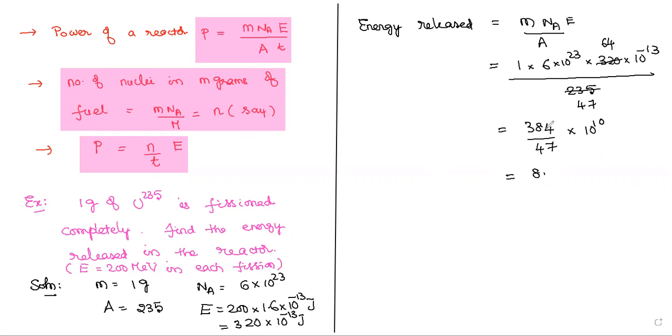If you use a calculator, you will get 8.17 into 10 to the power of 10 joules.